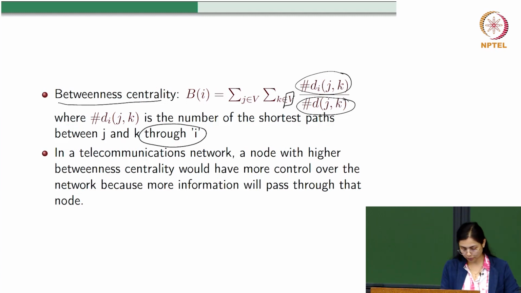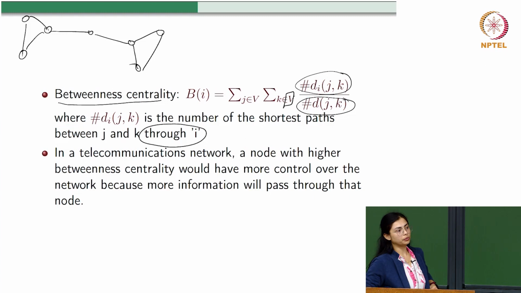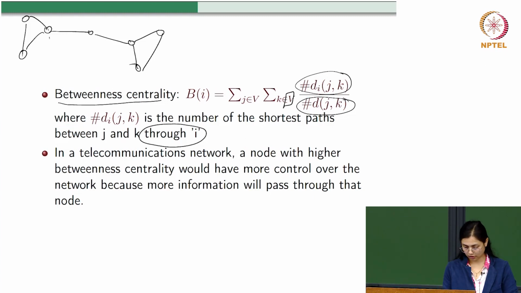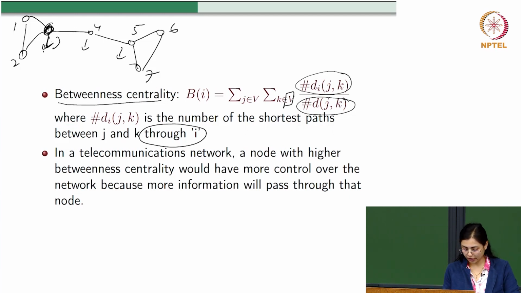Okay, suppose this is one graph, right? If we have to calculate the betweenness centrality for this point, with nodes 1, 2, 3, 4, 5, 6, 7, what do we have to consider?